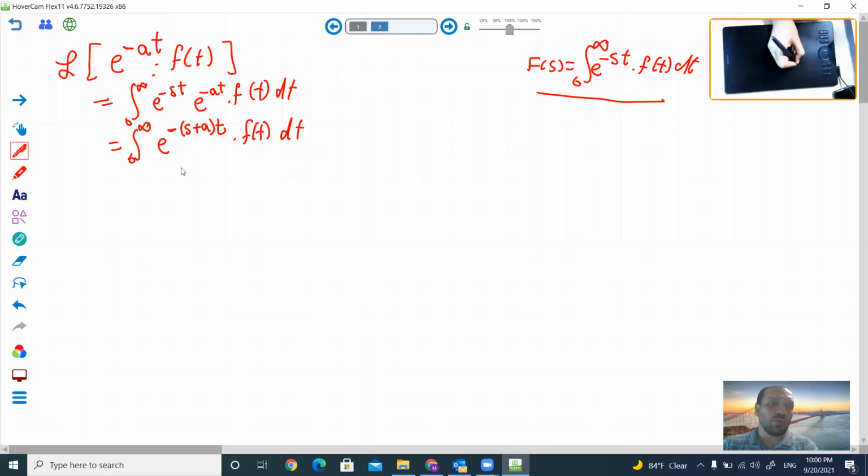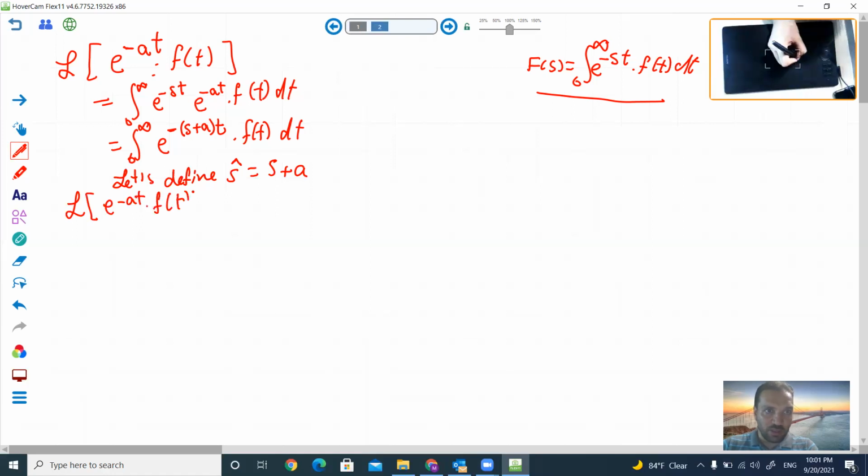Okay, so let's define a new parameter. Let's call it s hat, equal to s plus a. So now we can rewrite our last expression, the Laplace transform of e to the negative at times f of t, according to this definition.